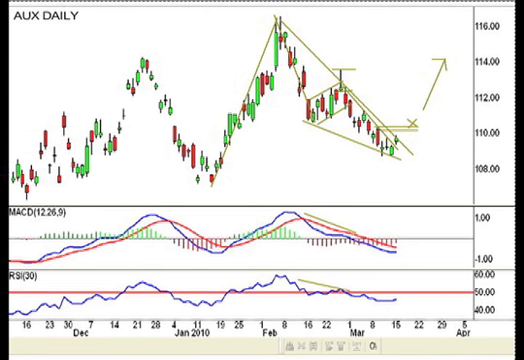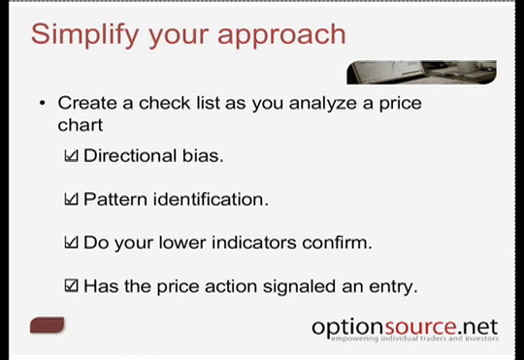So just to summarize, guys, a couple of things that you always need to keep in mind that'll make things a lot easier when it comes to analyzing these pair value price charts. Create a little checklist for yourself as you analyze these pair value charts. Establish your directional bias through one of the means that I've essentially suggested here this evening, whether it's a MACD crossover, whether you see something in the RSI, or whether you see a particular pattern is one thing.